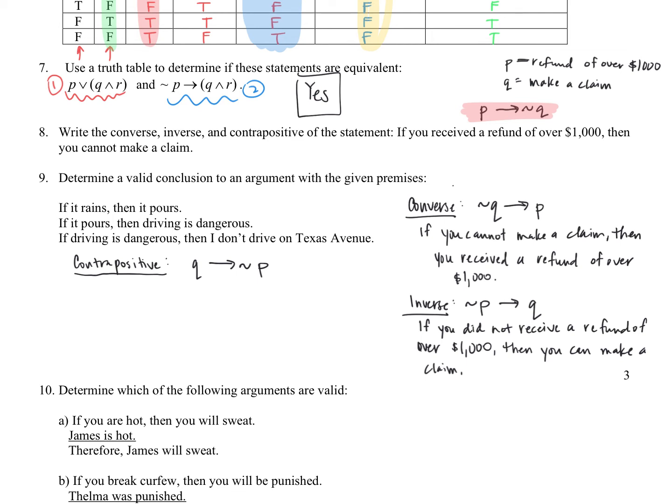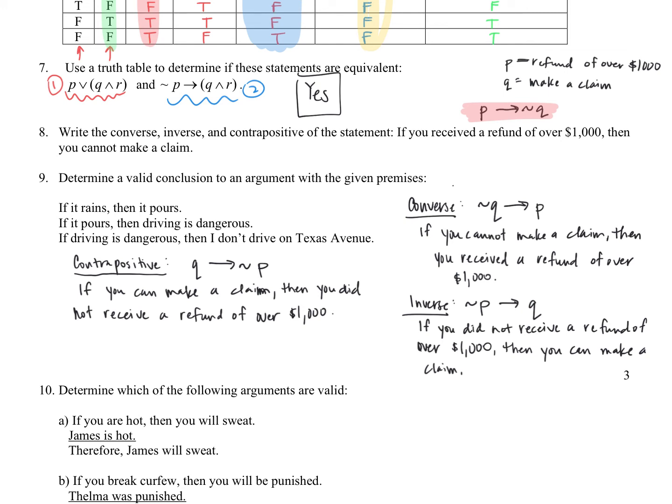So let's see what that would look like in words. So we would have, if you can make a claim, then you did not receive a refund of over $1,000.